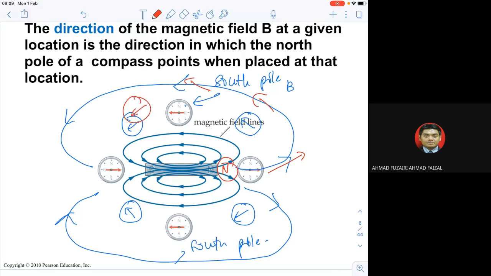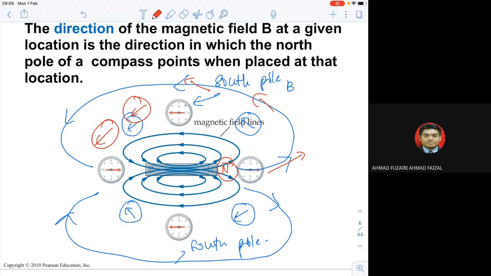You can put a lot of compasses and they will point into the south pole of the magnet. So that is how the magnetic field lines of the magnet look.